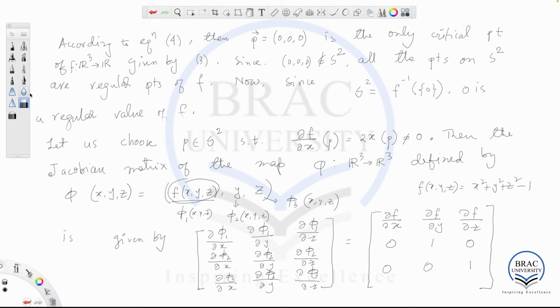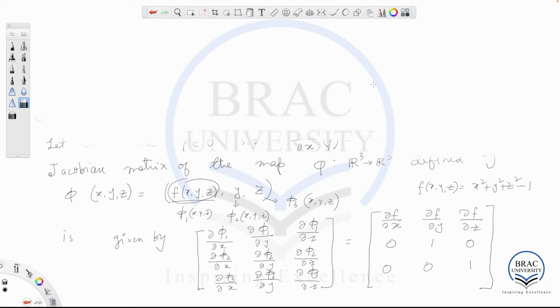So what is the determinant of this Jacobian matrix?